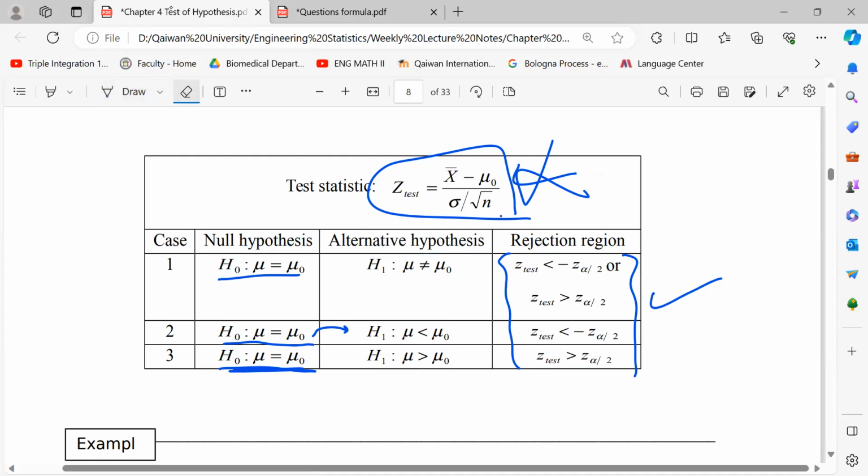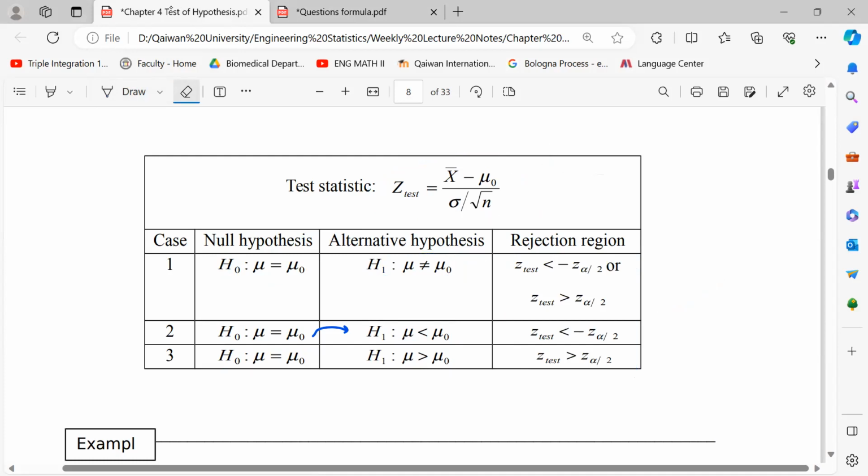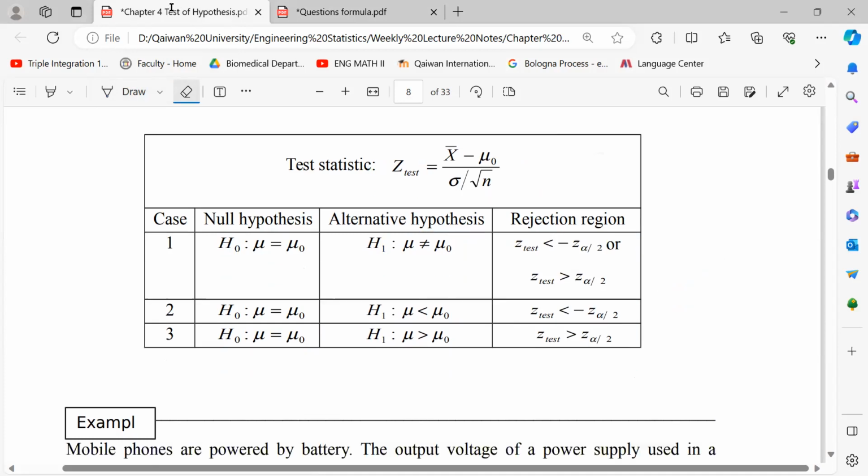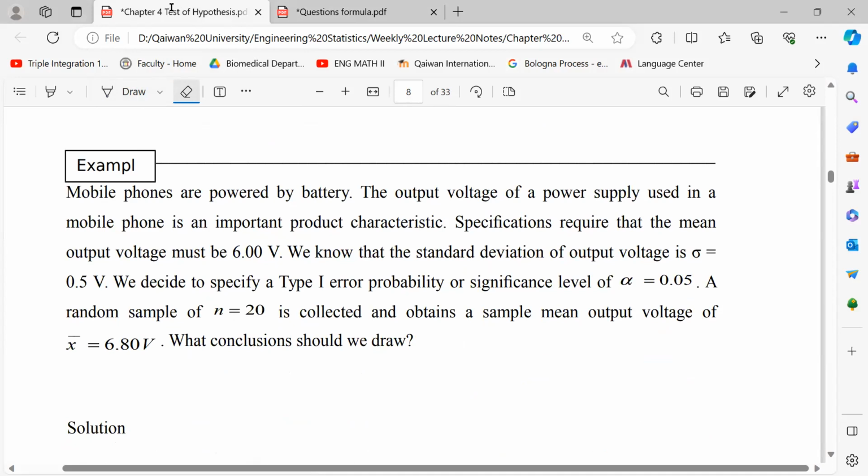Now we have an example here. It says mobile phones are powered by battery. The output voltage of a power supply used in a mobile phone is an important product characteristic.